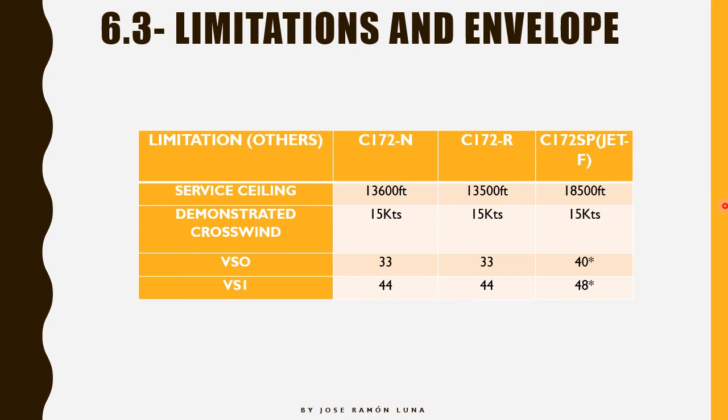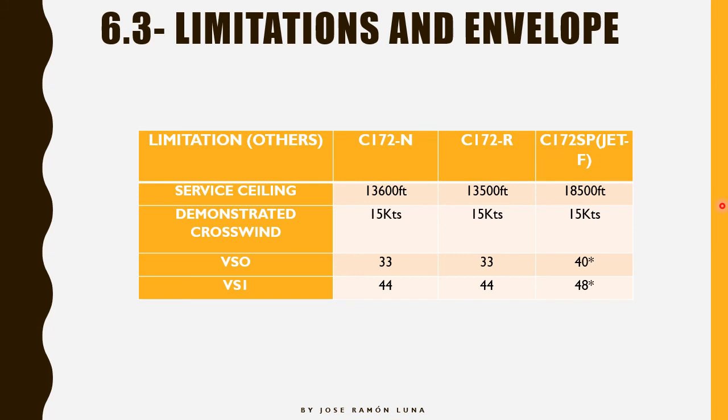Anyway, demonstrated crosswind. The demonstrated crosswind is going to be 15 for each. I mention this because demonstrated crosswind is not a limitation. They say this many times in the manual. A crosswind limitation is not 15.